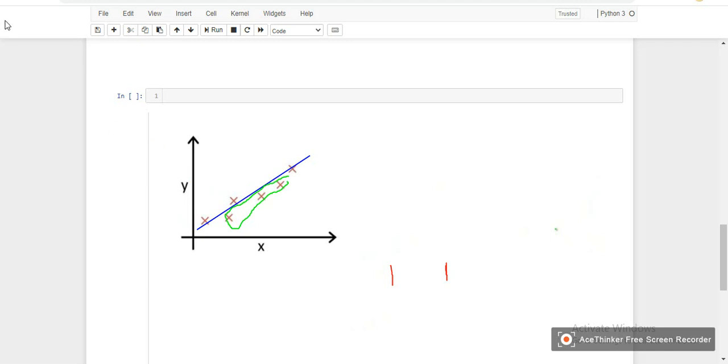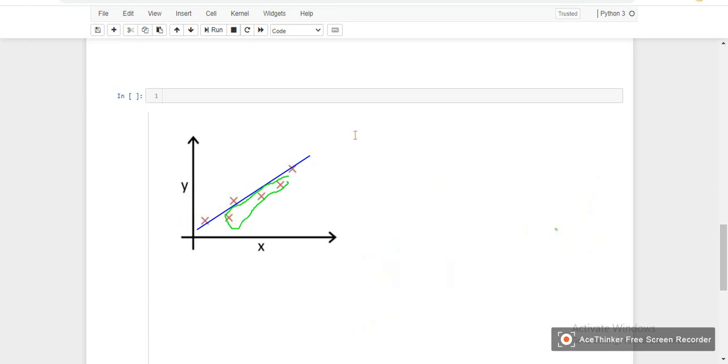So the model which is going to produce the line should be such that the distance between this predicted value of y and the original value of y must be minimized. This distance between the predicted values and the original values is called the error of this model, or the cost of this model.